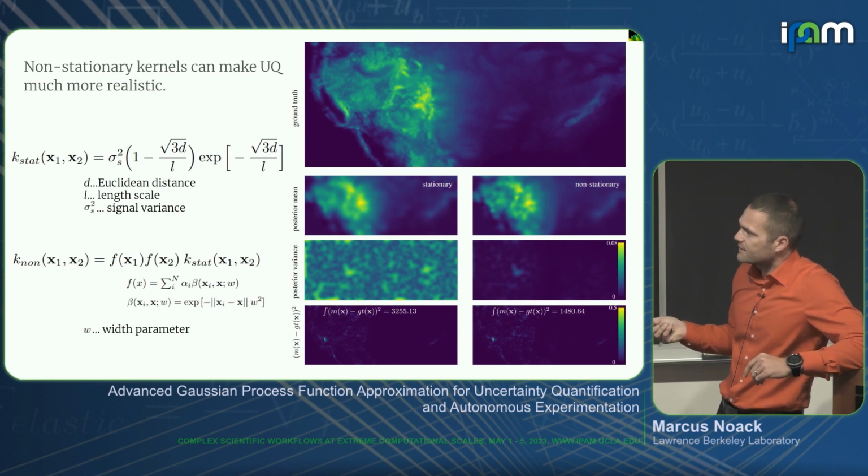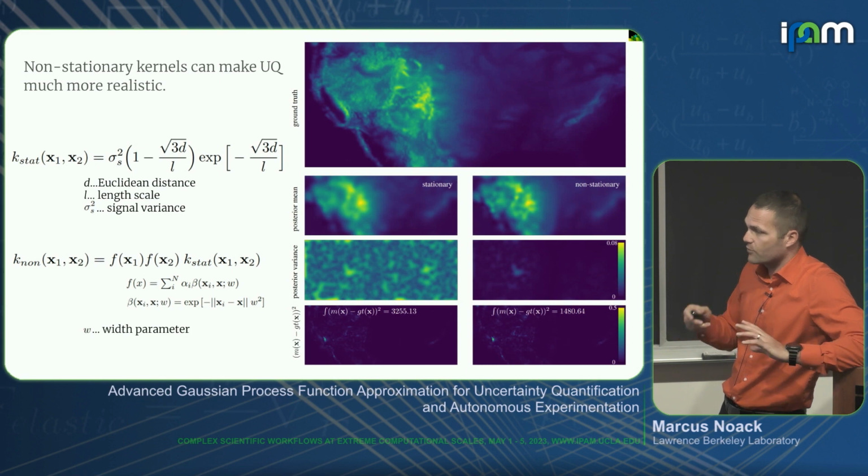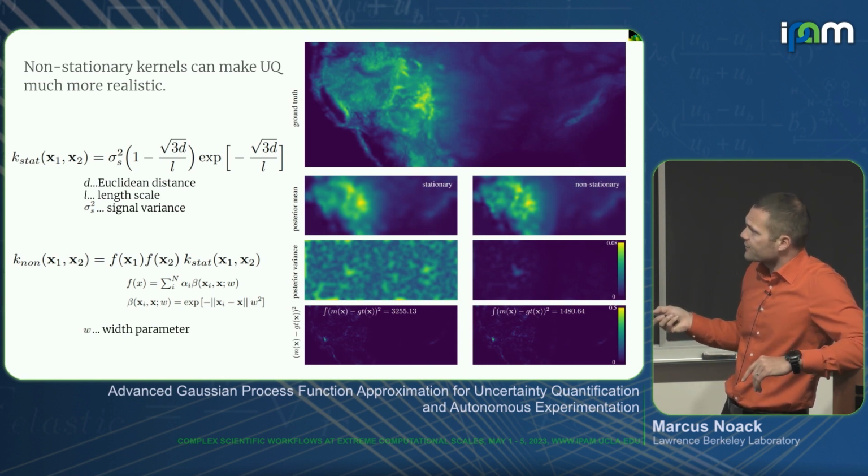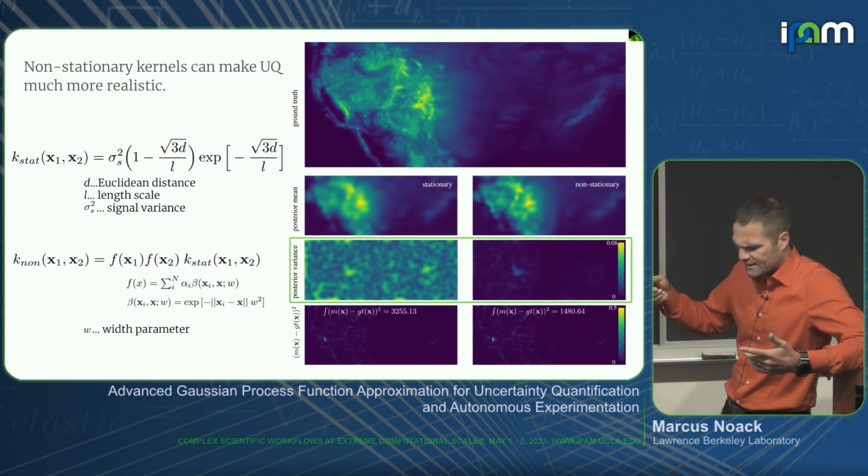That just changes those numbers and where those basis functions are located. Otherwise, it's the same kernel. Here in the left column, we have the performance of the stationary kernel, and the non-stationary kernel right here. We see it's a little sharper over here, and the error is about half. That's great.